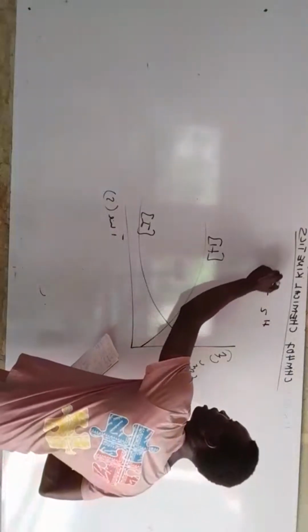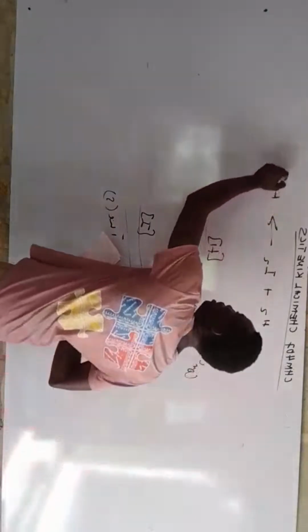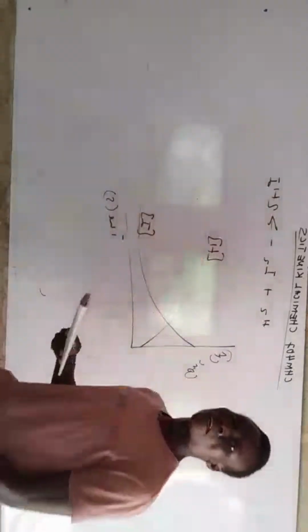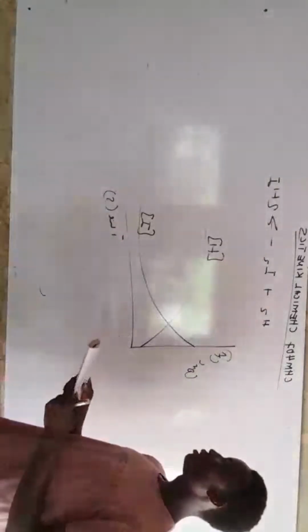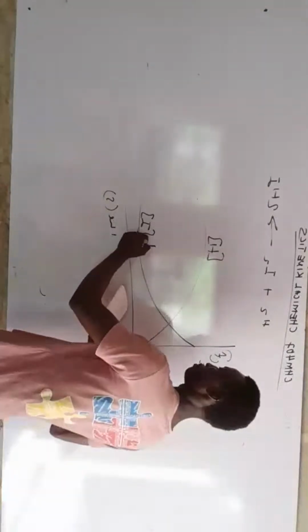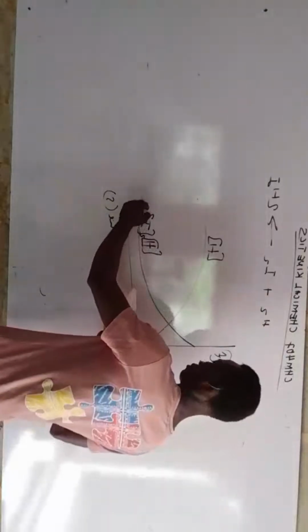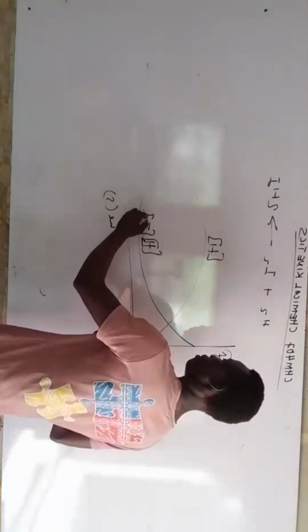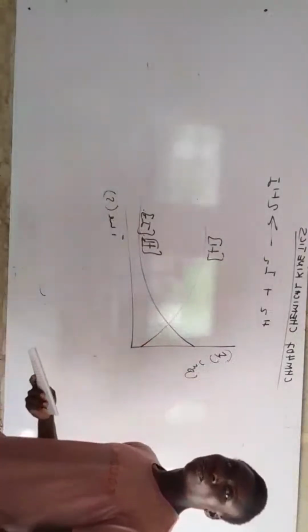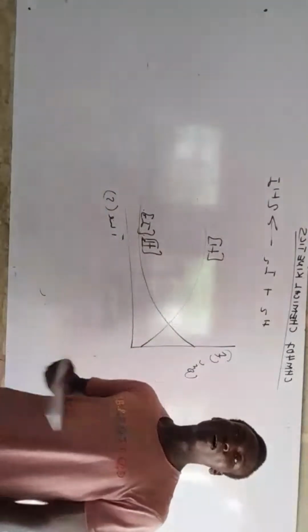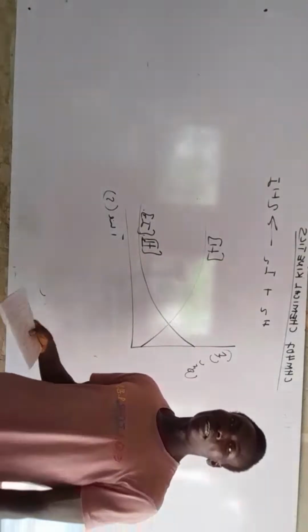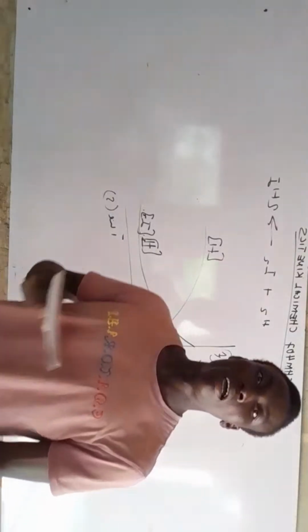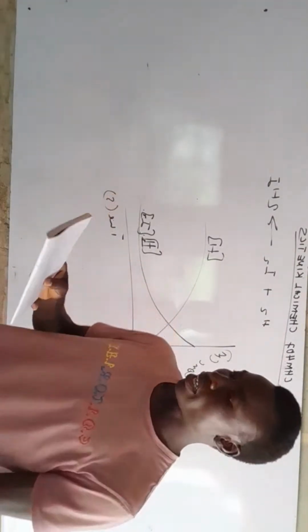We have H2 reacting with I2 to produce HI. At first, in the beginning of the reaction, we notice that we have more of the reactants. As the reaction proceeds, the reactants continue to decrease, producing more of the product that is needed.